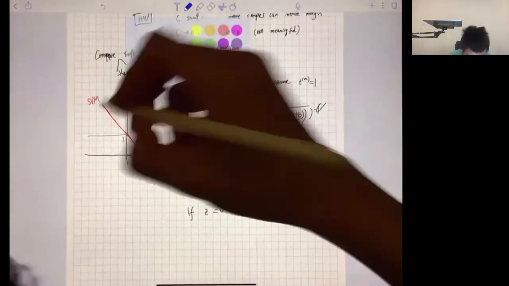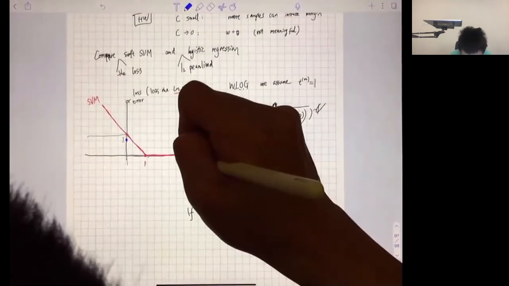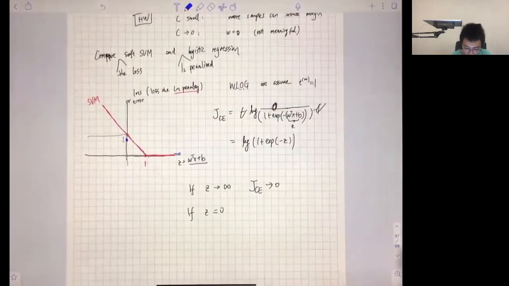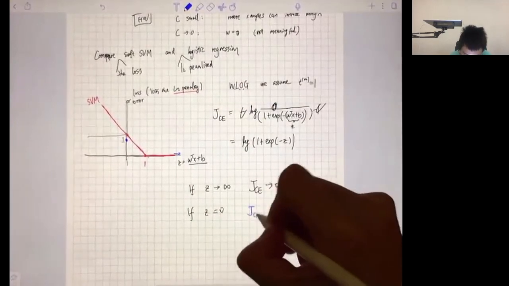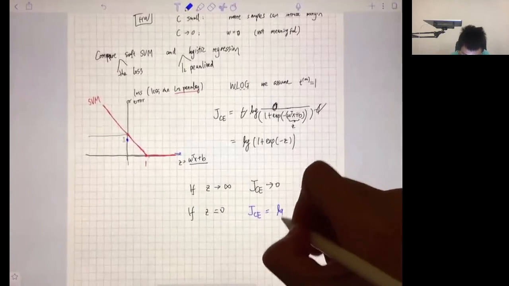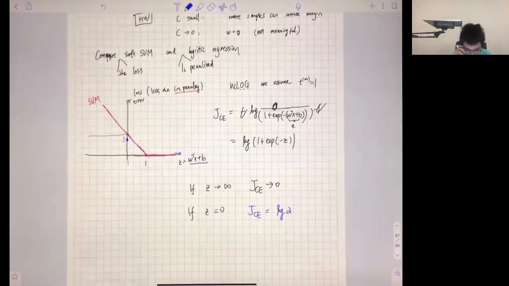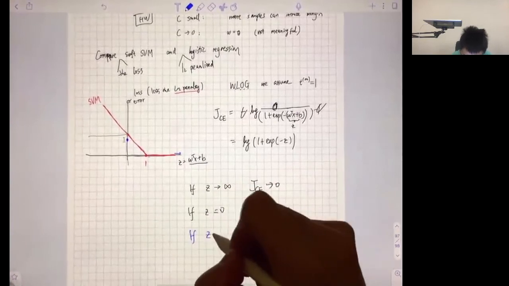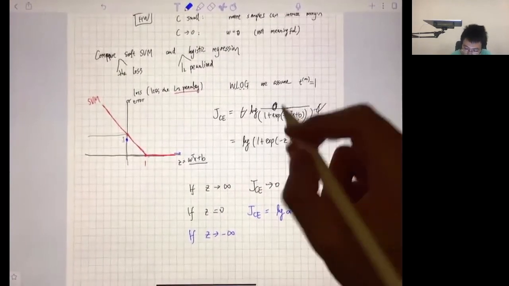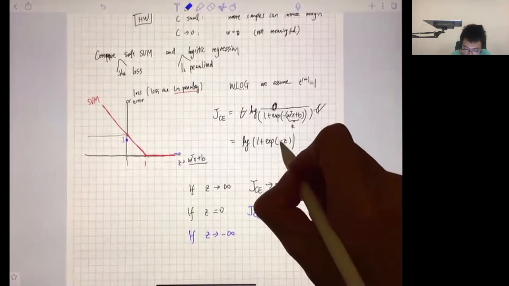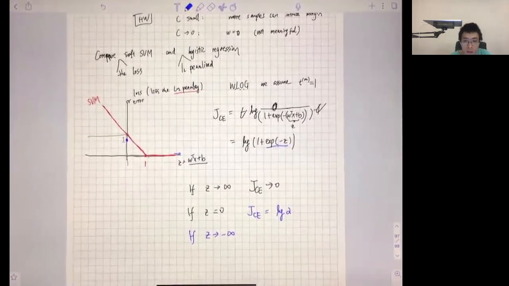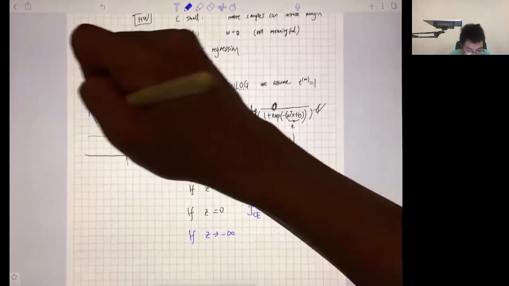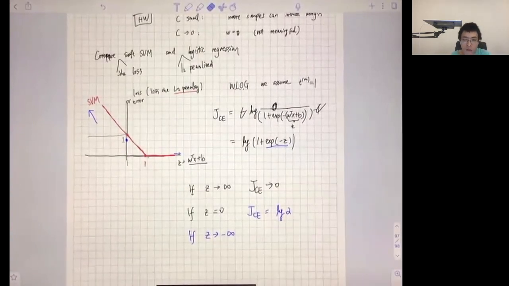If z is large, the loss converges to 0, but at 0, then CE is log of 2. If z goes to minus infinity, then the exponential of minus z is infinity, so the loss is going to be infinity. But we care about how fast it increases, right?